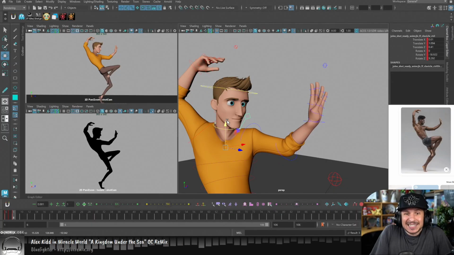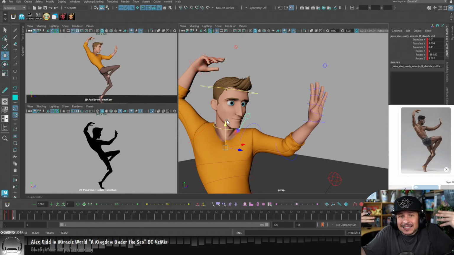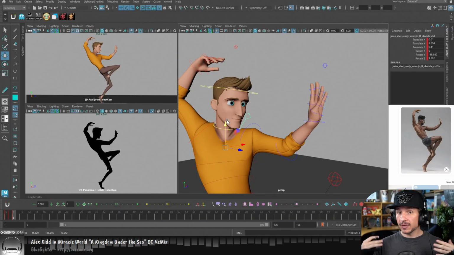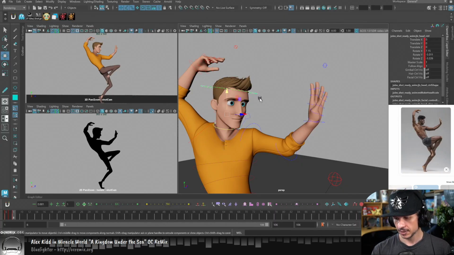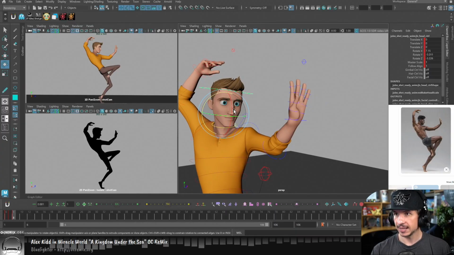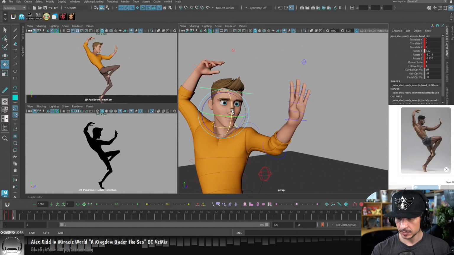But if we want to exaggerate, like really get that head down into the shoulders, it's okay to translate it, as long as we're being conscious of why we're doing it and we're not just moving things for the sake of moving it. Okay. So we've got that there. I think I can add a little bit more tilt to the head. Like so.